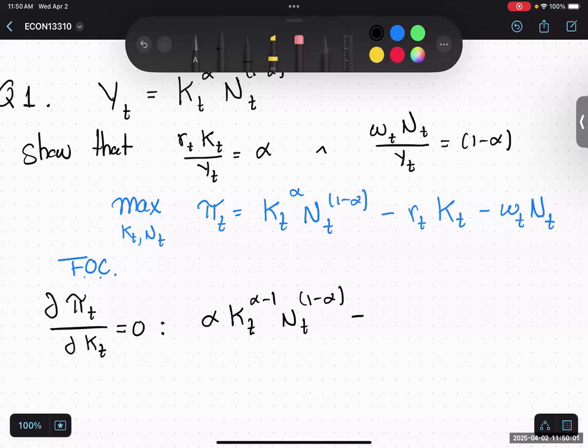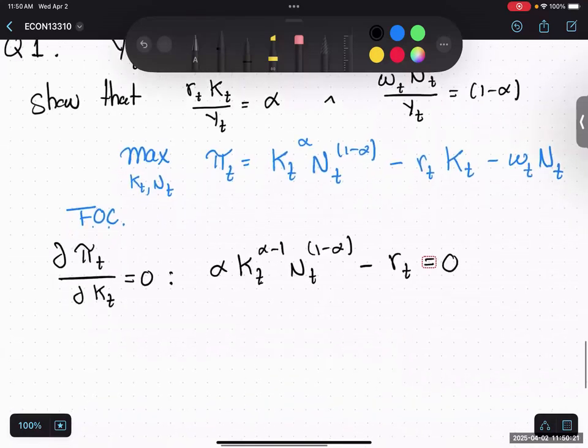Then the third component is R_t K_t, so the derivative is just R_t. We don't have K_t in the second component, so its derivative is 0. It has to be the case that this is equal to 0.